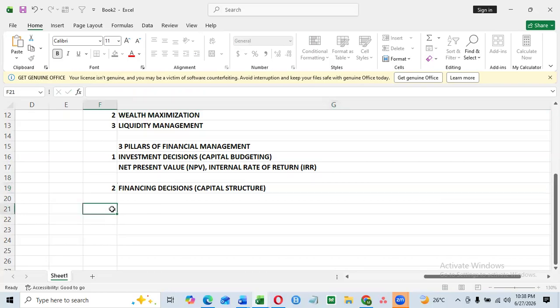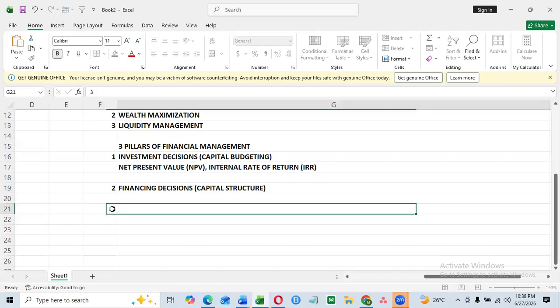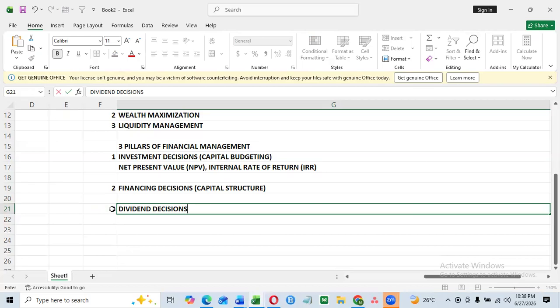The next is the dividend decision. This is a decision that happens after the business makes profits. So, after the business makes profits, what do we do with it?